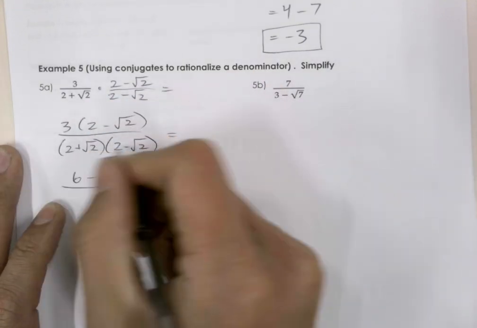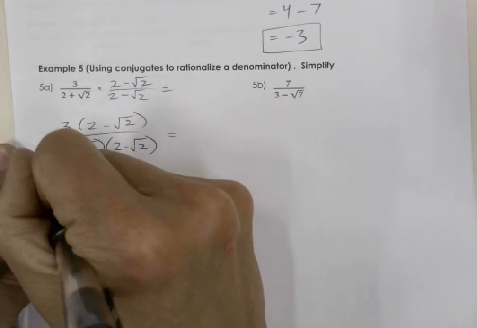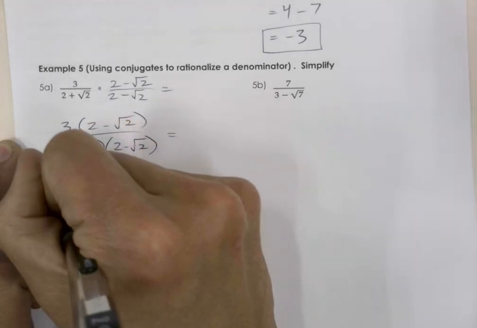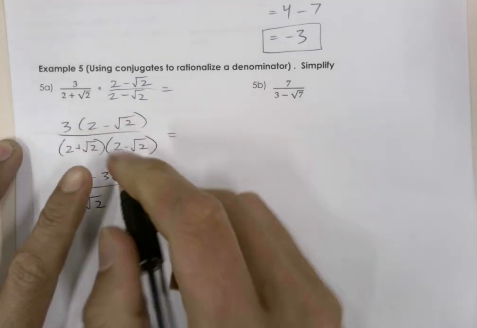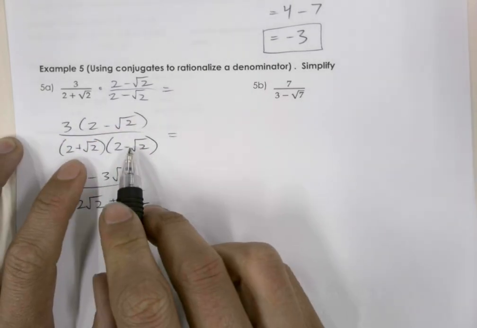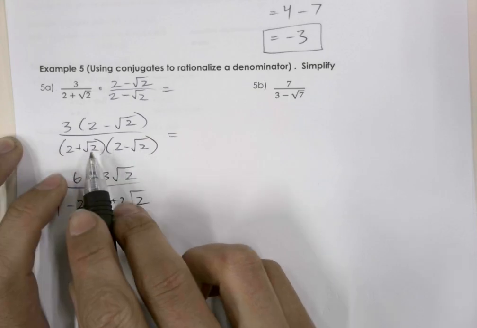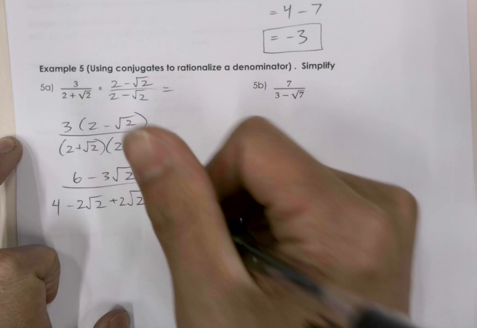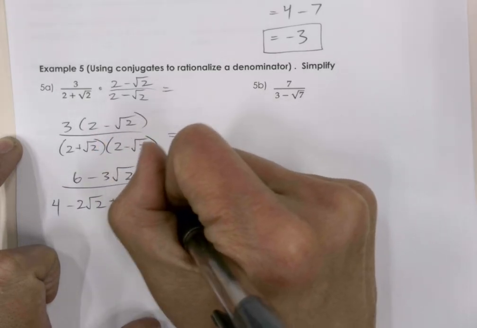And in the denominator, we get 4. 2 times 2 is 4. Then we get 2 times negative square root 2 is negative 2 square root 2. 2 times positive square root 2 is plus 2 square root 2. And then when we figure out this last bit, square root 2 times negative square root 2 is negative 2.